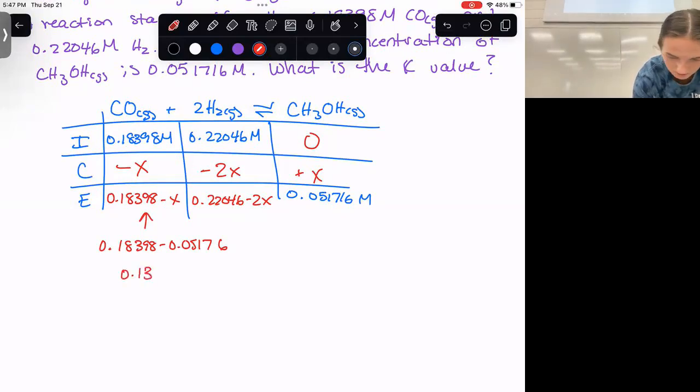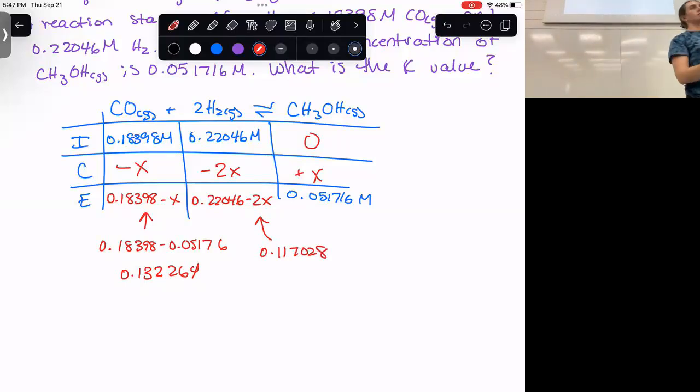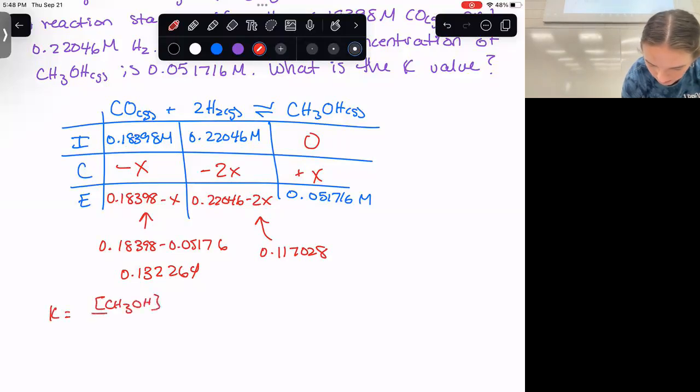This is 0.4. This is going to be minus 2X. And then we can plug all of that into K. And K is going to be CH3OH over CO times H2 squared.